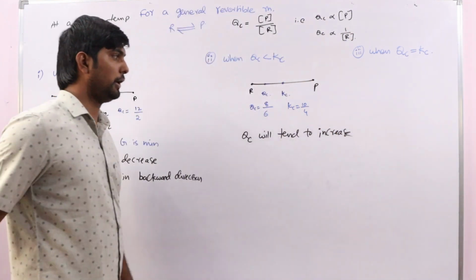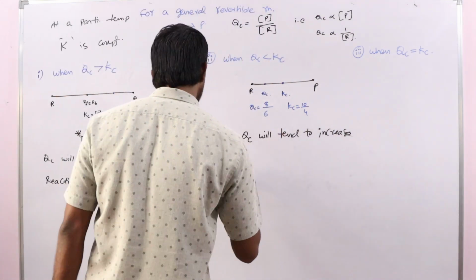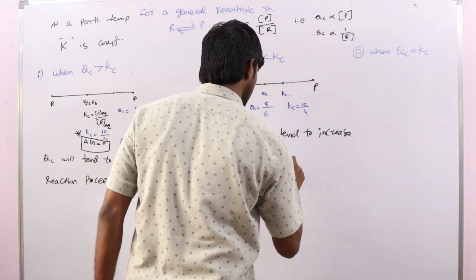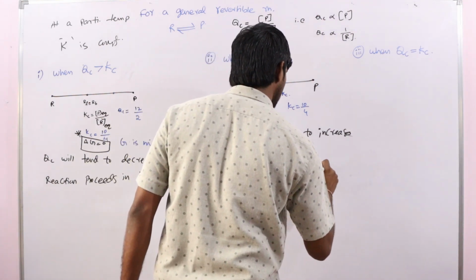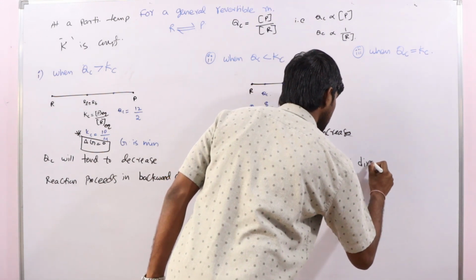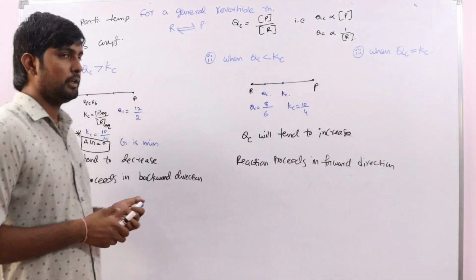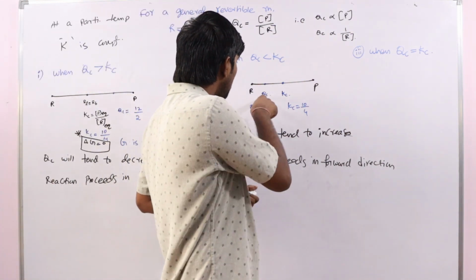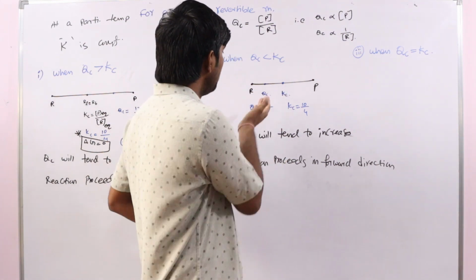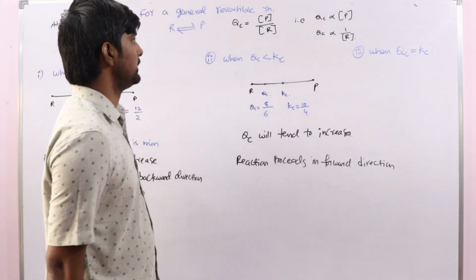Increase means how is it possible? The reaction proceeds in the forward direction. Yes or no? Because QC wants to make its value equal to the Kc. How is it possible? It should increase its numerator, meaning product concentration.